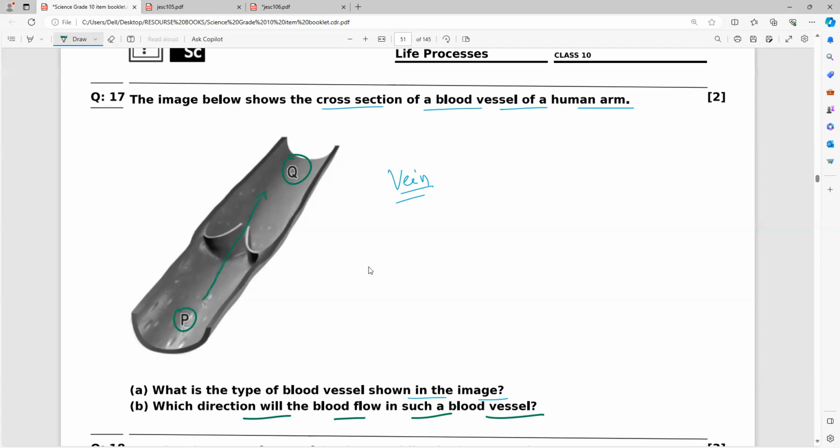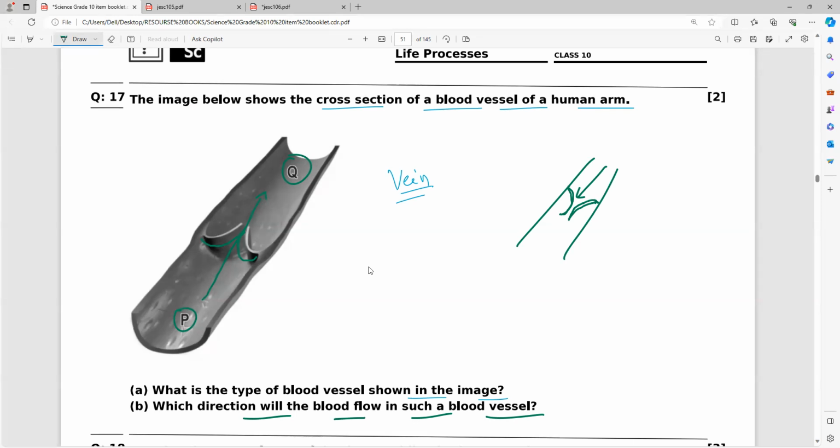Whatever the direction of blood, the walls will be bending in the same direction. For example, if the blood is coming in this direction, then these walls will be like this. Do you all understand what I'm saying? So that is what you have to remember.